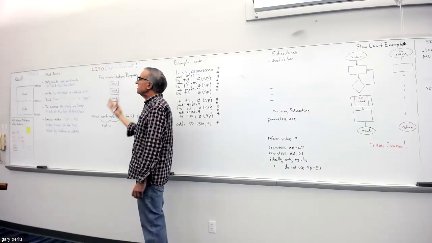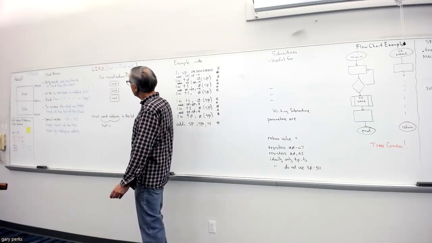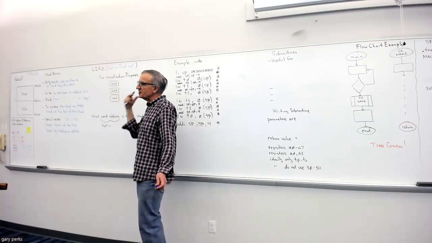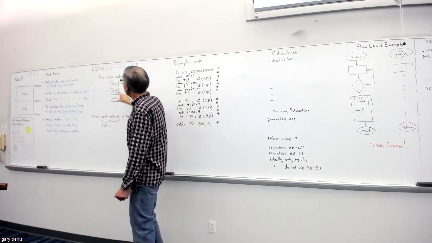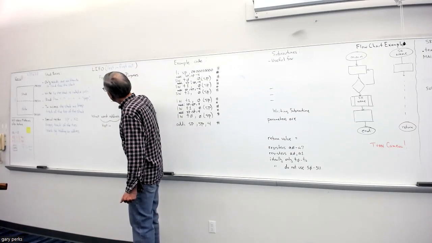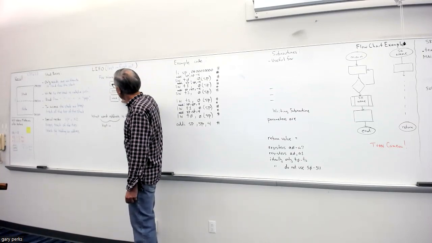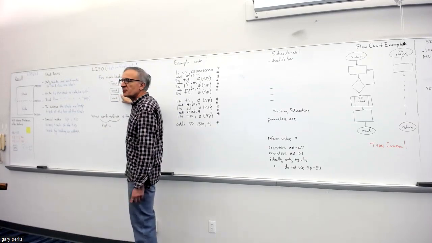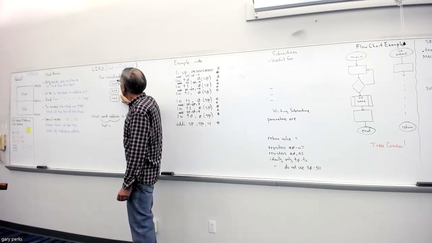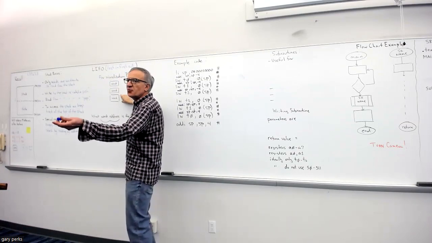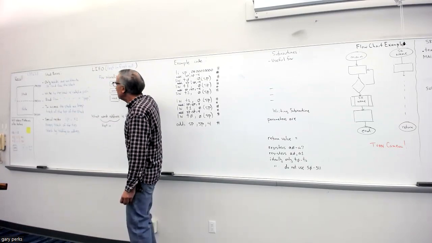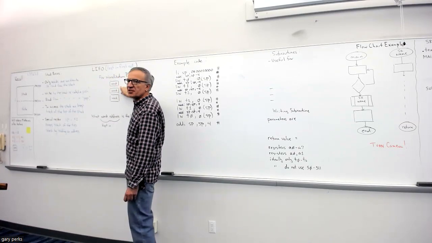So for visualization purposes, the way we think of a stack, and this is why it's called a stack, is that the first thing you put in the stack is this word here that I'm representing as a block. Then the next word you put on the stack, you think of it as being put on top of the previous one.